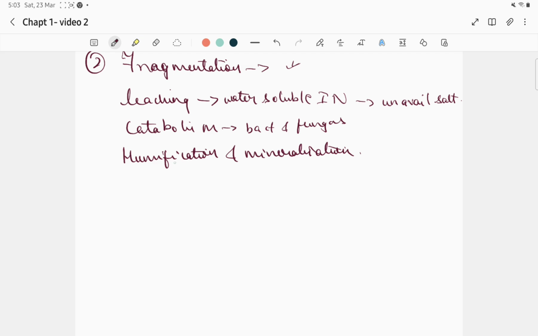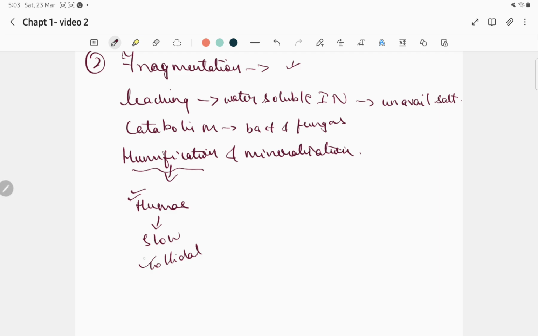What is humification? It is the accumulation of dark colored amorphous substance called humus. This is highly resistant to microbial action and undergoes decomposition at an extremely slow rate, and it is colloidal in nature.